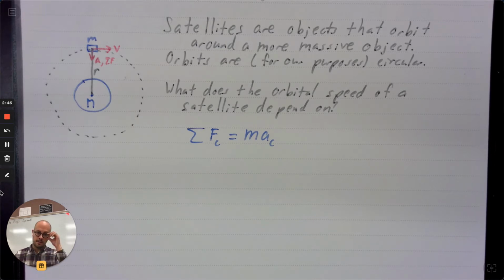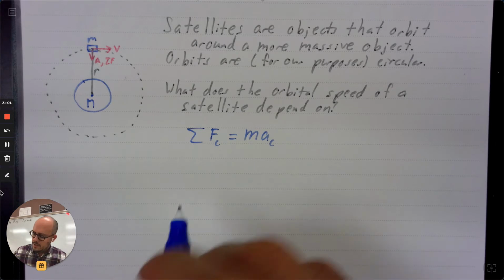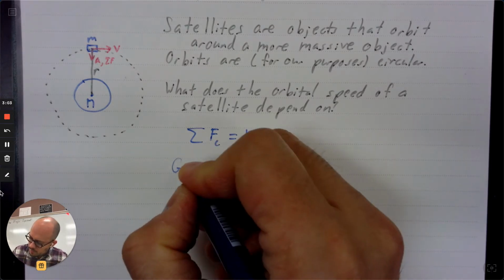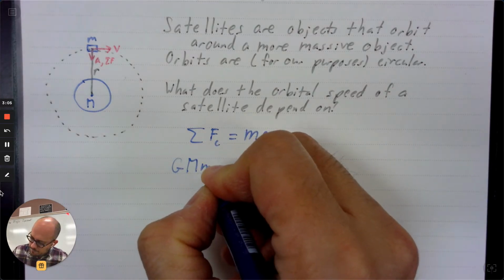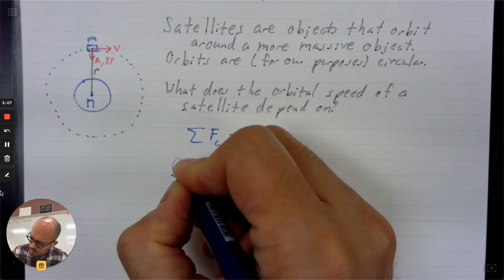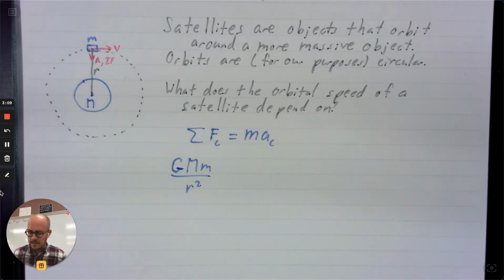Now, gravity is caused by every object in the universe, but for something like the moon or the International Space Station, the Earth is by far the closest thing to it and the most massive close thing to it. And so the net centripetal force is going to be the force of gravity due to the biggest object near it.